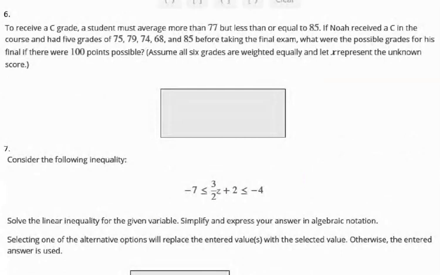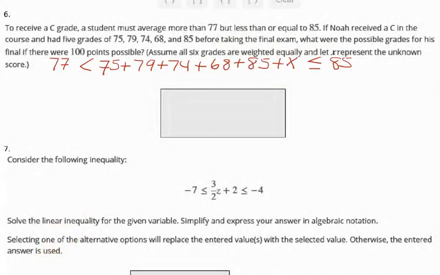All right, study this for a moment, and up in this area here, see if you can come up with some sort of inequality for this. So as you put this together, we're going to develop an average that is greater than 77.